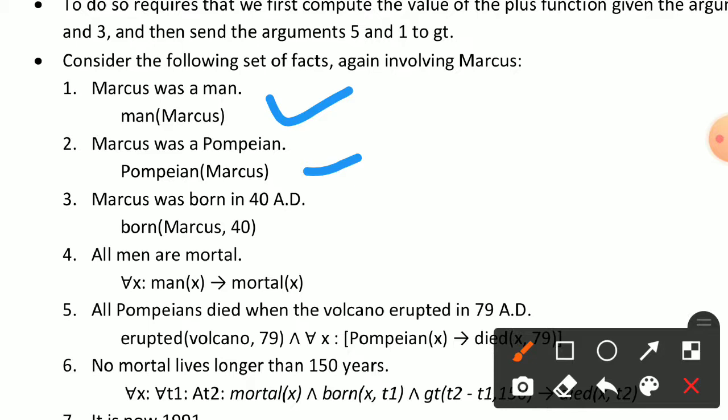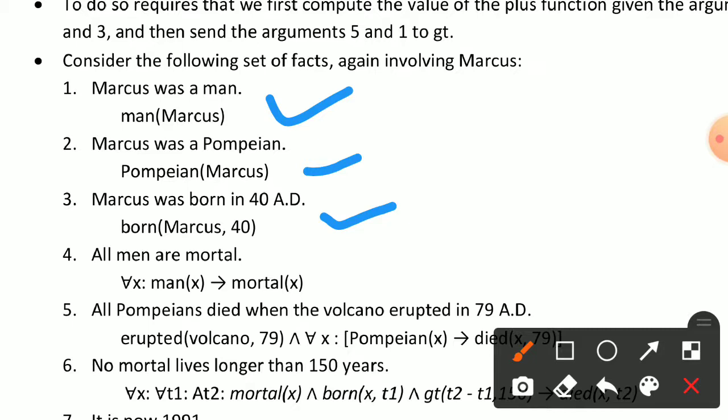In the first sentence we write man(Marcus). Now in the second sentence we write this simple fact: Pompeian(Marcus). Now the third simple fact is given: Marcus was born in 40 AD.